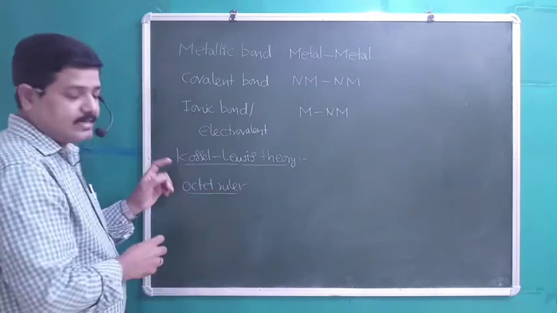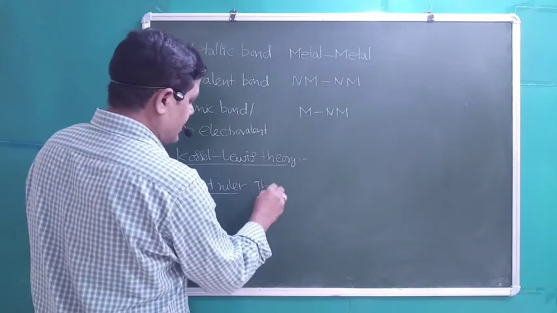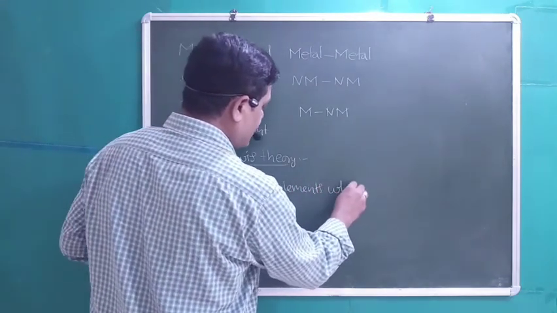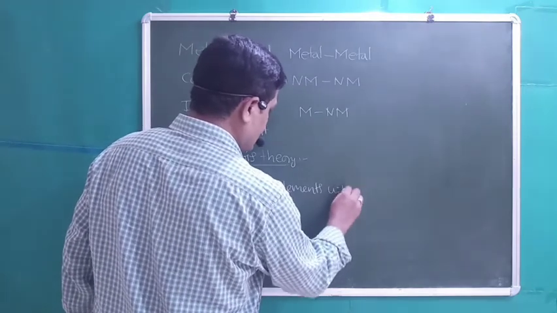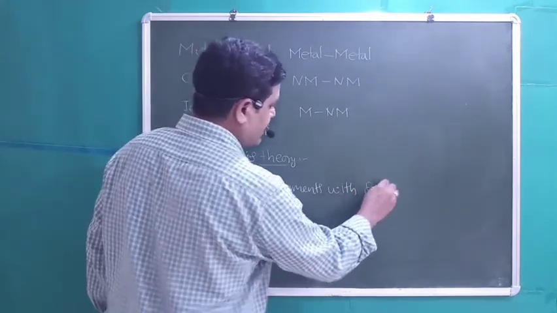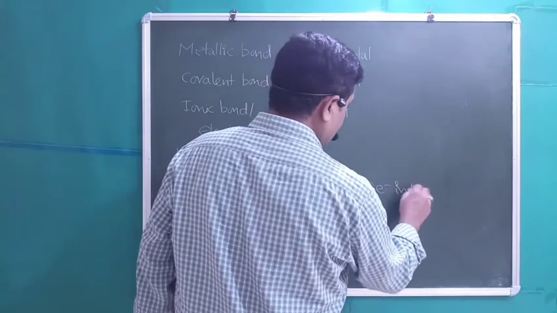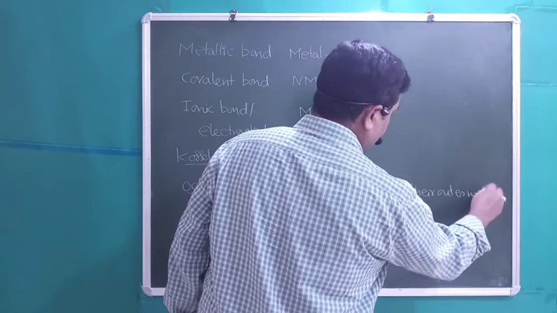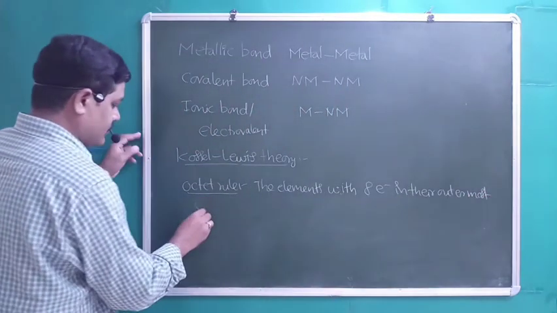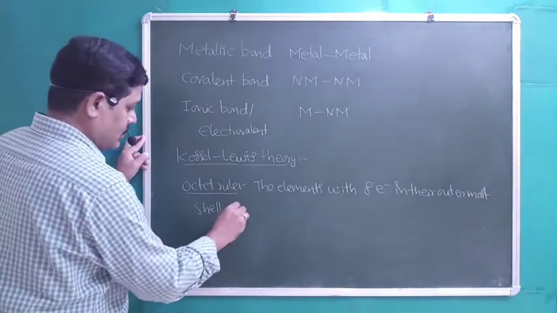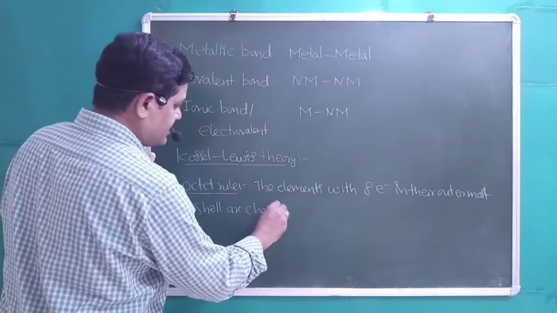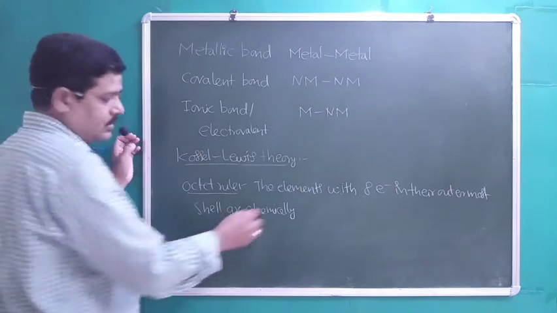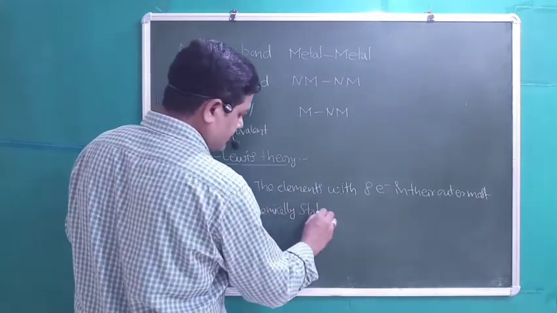According to this octet rule, the elements with 8 electrons in their outermost shell are chemically stable. They are not reactive.